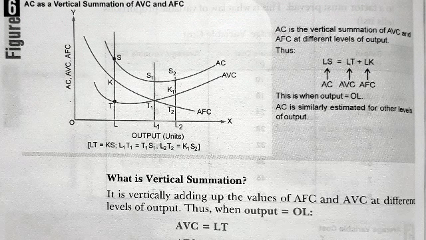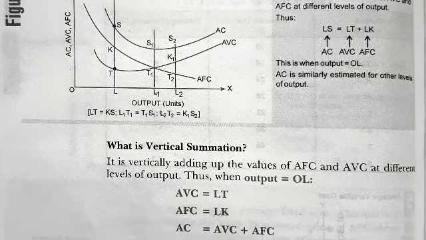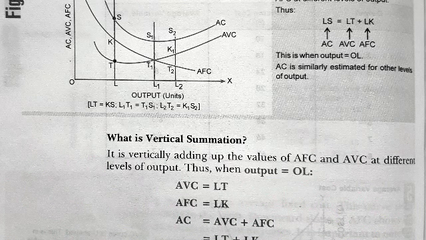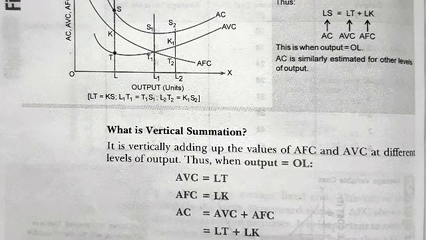Now at this point these two costs have become equal to each other. At this point you can see as the average variable cost is equal to average fixed cost, therefore average variable cost will be equal to L1T1, average fixed cost will also be equal to L1T1, L1T1 plus L1T1. दो बार हम इसको वर्टिकली समेशन यानी वर्टिकली एडअप करेंगे तो ये बनता है L1S1, therefore average cost will be L1S1.